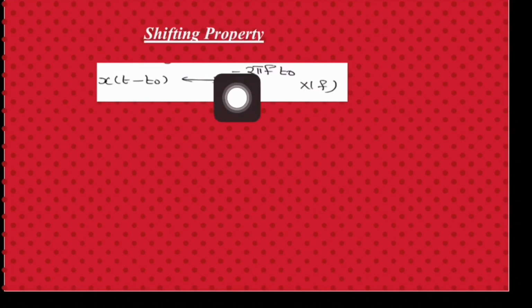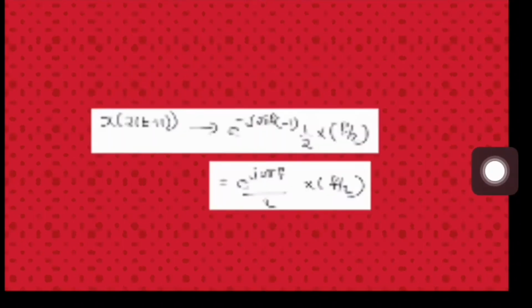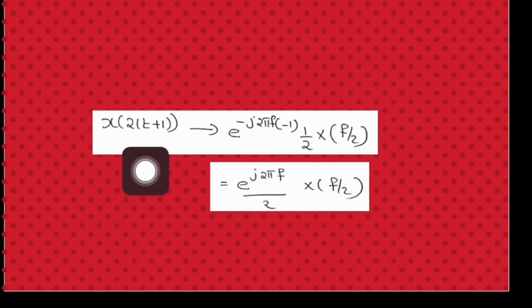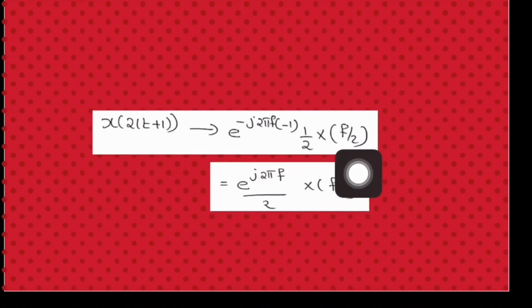According to this property, if x of t and X of f are Fourier transform pairs, then x of t minus t0 and e raised to minus j 2 pi f t0 X of f are also Fourier transform pairs. And based on this property, we can write the Fourier transform of x of 2 into t plus 1 as e raised to minus j 2 pi f into minus 1 into 1 by 2 X of f by 2, or e raised to j 2 pi f by 2 X of f by 2.